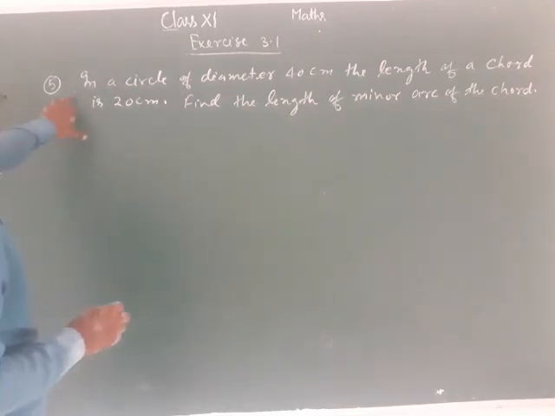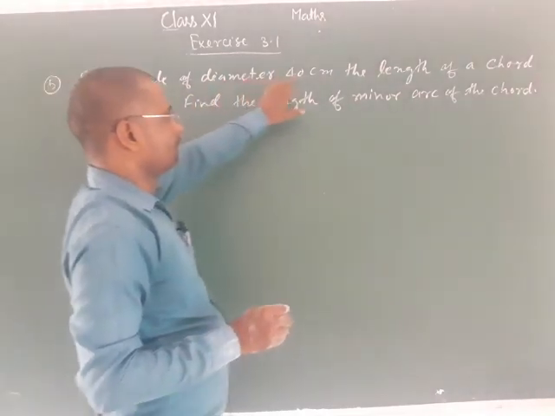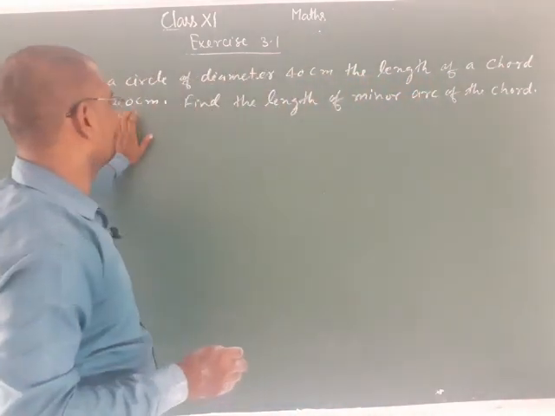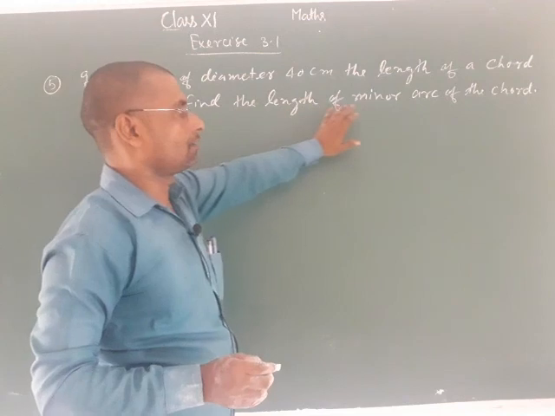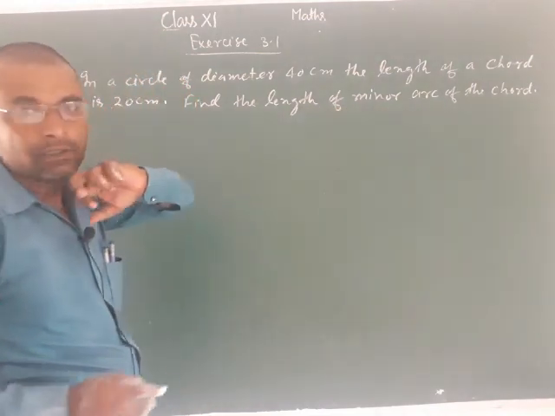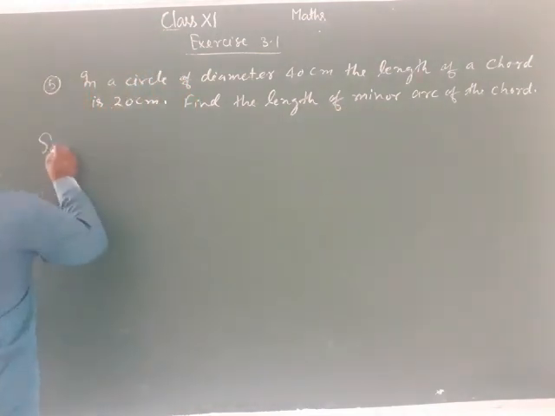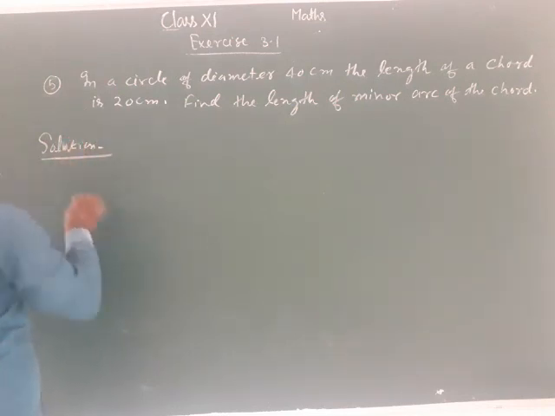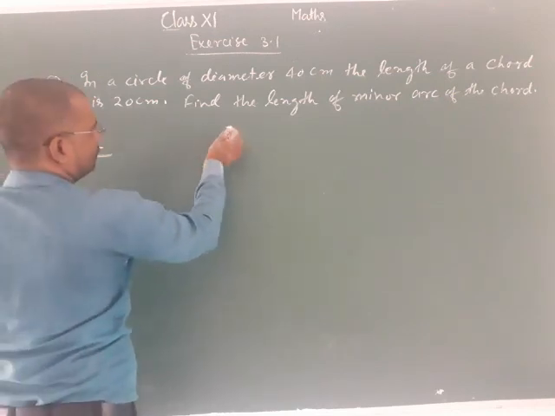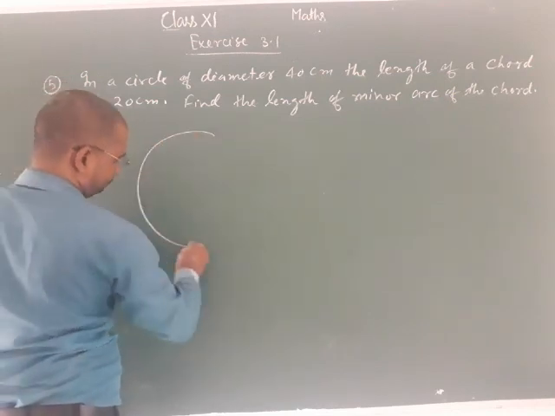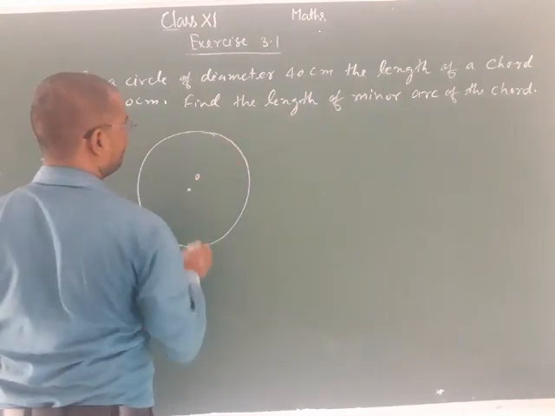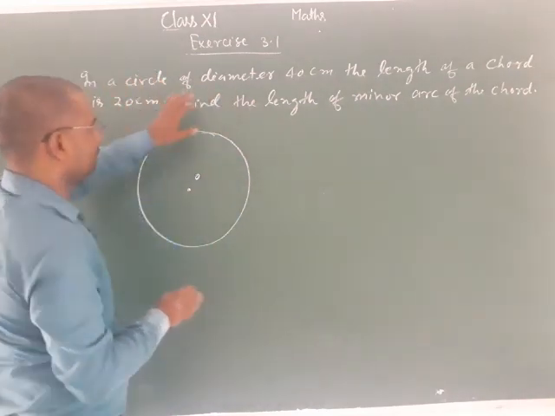Question number 5. In a circle of diameter 40 centimeter, the length of a chord is 20 centimeter. Find the length of the minor arc of the chord. Now solution of this question. So now draw a circle, center O and diameter 40.